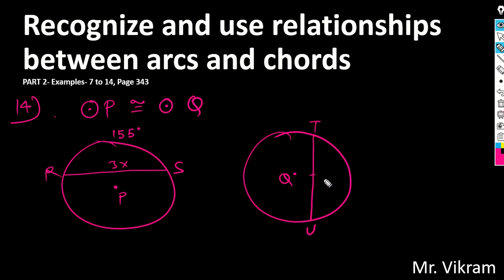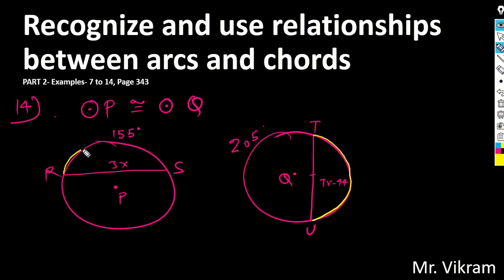Here this is given as 7x minus 144, right? Okay, and how much is this? This is 205. Now, they are similar, but you can see that here you have a minor arc, and this is a major arc.